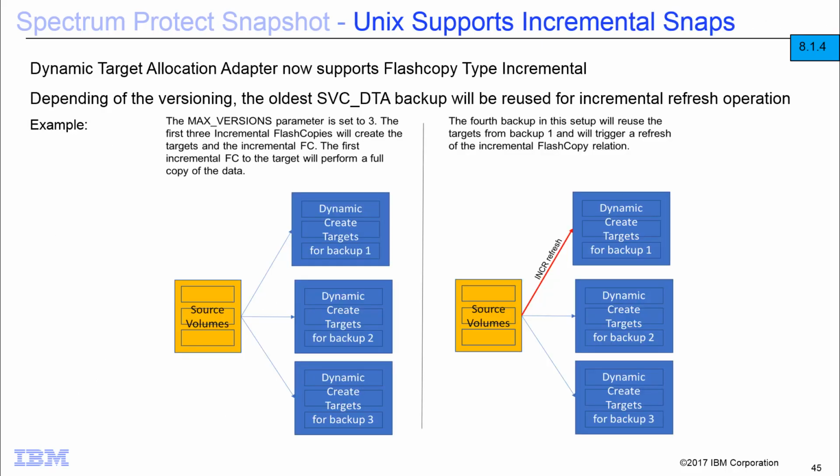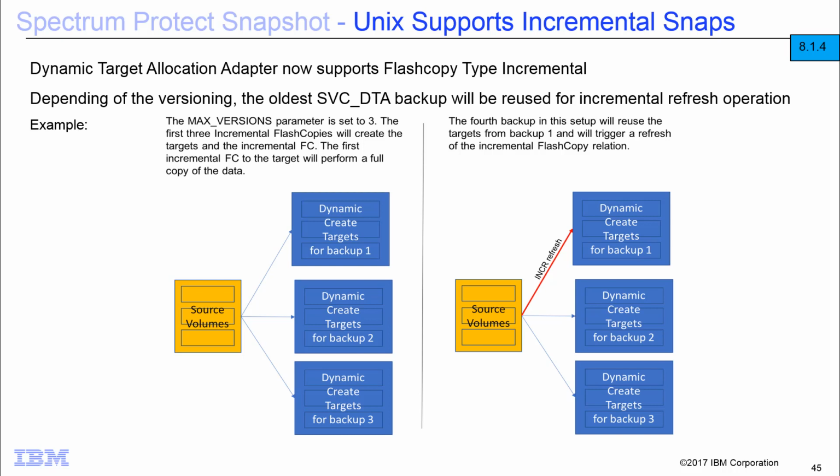Okay, moving on to Spectrum Protect Snapshot for Unix and the Dynamic Target Adapter, or the DTA, Dynamic Target Allocation Adapter. We now support flash copy type incremental beginning at 8.1.4.